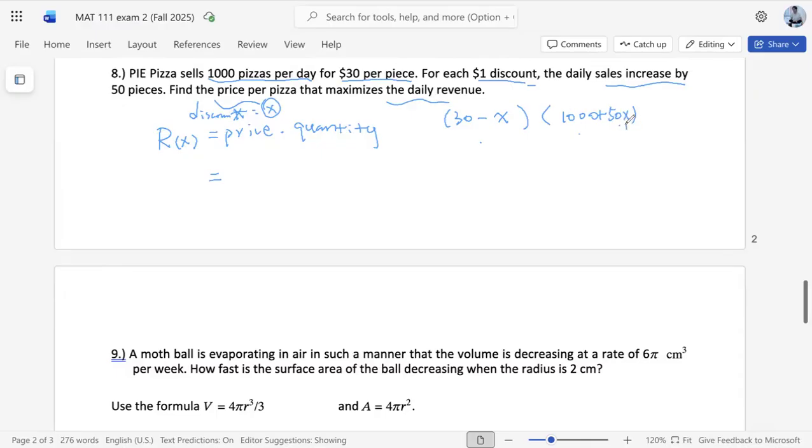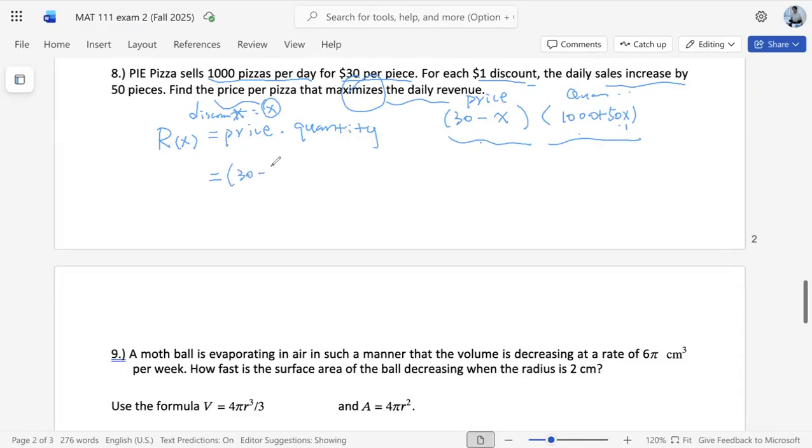For X many dollars of discount, the sales increase by 50 times X. So we have formed this: to maximize the daily revenue, the price should be 30 minus X, and the quantity should be 1,000 plus 50X. And we need to solve for such X, the discount.